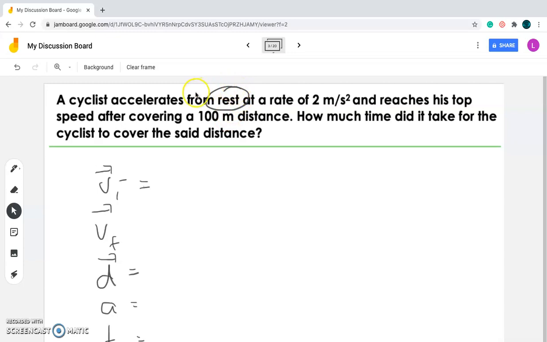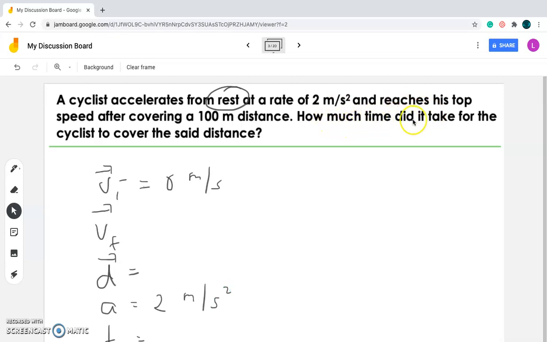So this problem seemed to not mention initial velocity, but when something starts from rest, it would mean that the initial velocity is 0 meters per second, right? Because starting from rest would mean your velocity is 0 initially, okay? So the initial velocity in this problem is 0 meters per second. Now it says it accelerates at a rate of 2 meters per second squared. So it's very explicit, it's directly stated: the acceleration is 2 meters per second squared.